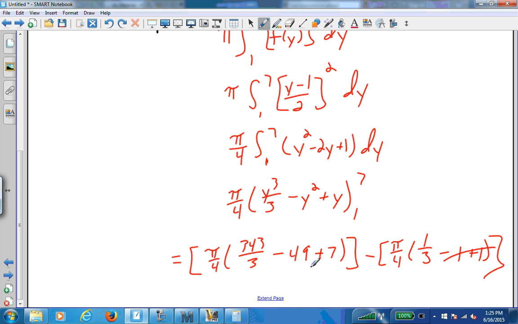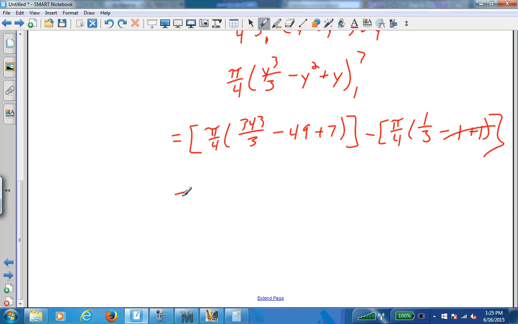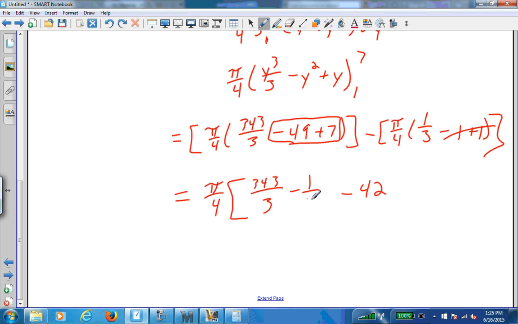So those cancel. Notice both sides have a pi over 4, so we can pull a pi over 4 out. Then you have 343 thirds, minus 49 plus 7, that's minus 42, minus a third. Notice we've already factored that common factor out front. So pi over 4 times a common denominator, subtract the numerators.